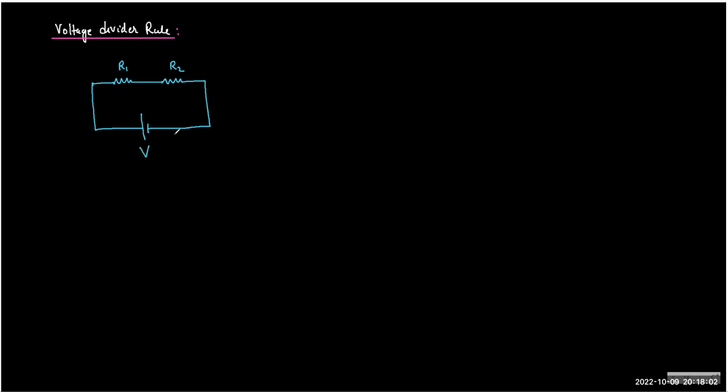So we are just taking two resistors in series, and now V is the voltage. Of course, the voltage that will appear across each resistor will be less than V, correct? So the first resistor will get a V1, and the second will get V2. Now what remains the same?